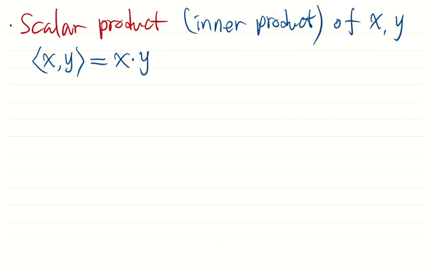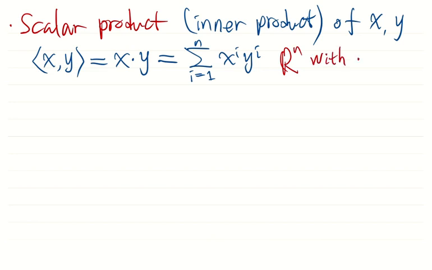This is defined to be the sum of the multiplication of the corresponding components of x and y. So this is the definition of the scalar product. So Rn with this scalar product is called Euclidean space.